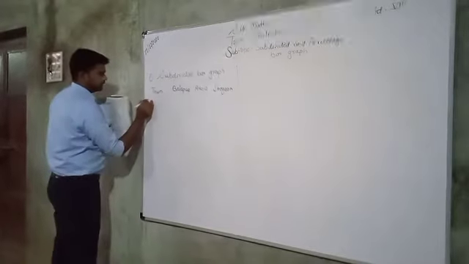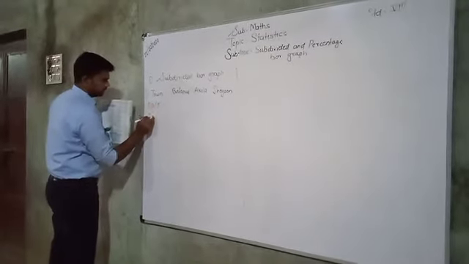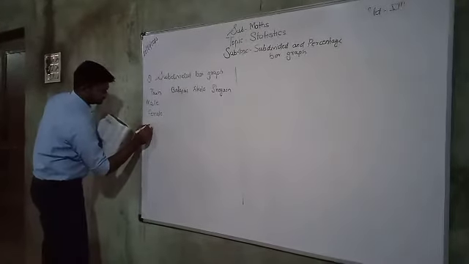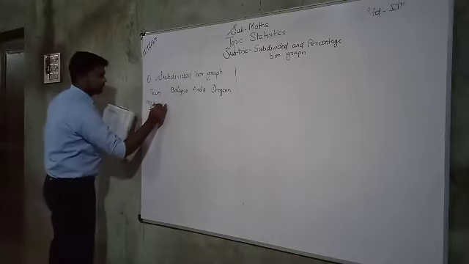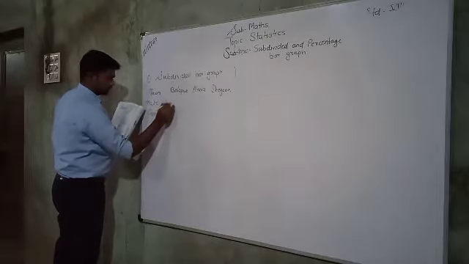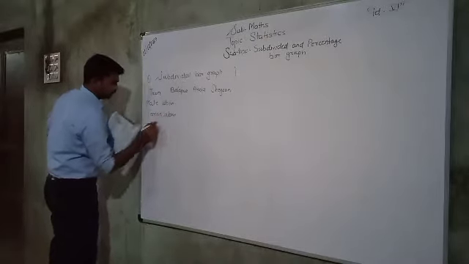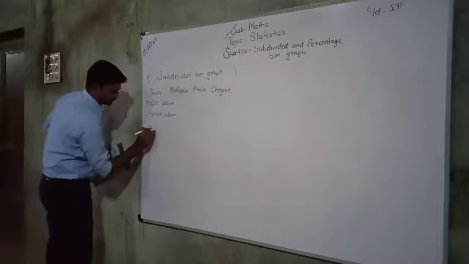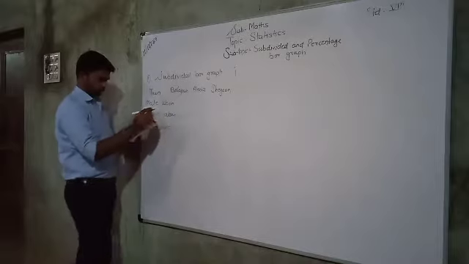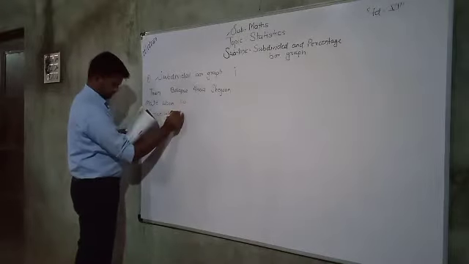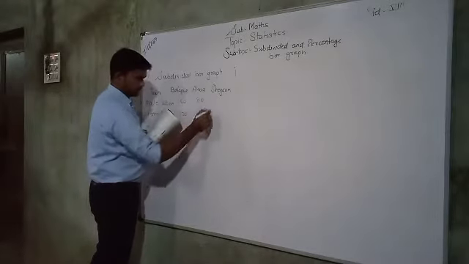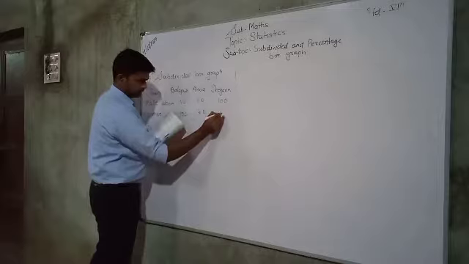And here male laborers, female laborers and total number of laborers. In Balapur, suppose it is 180, 120; for Akola, 80, 40; and for Shegaon, 100 and 60. Okay?